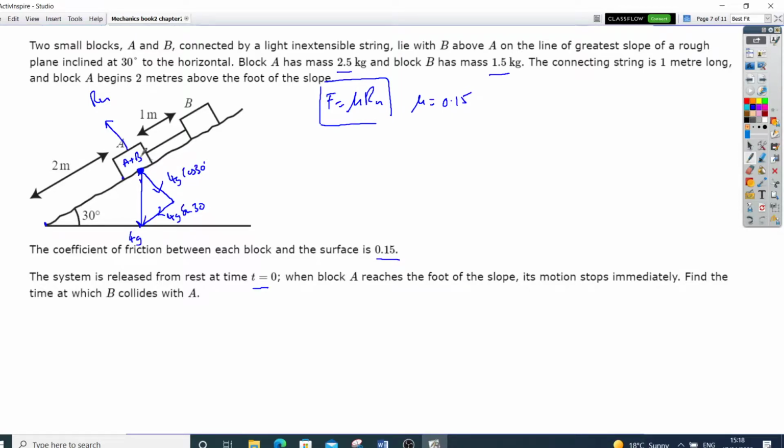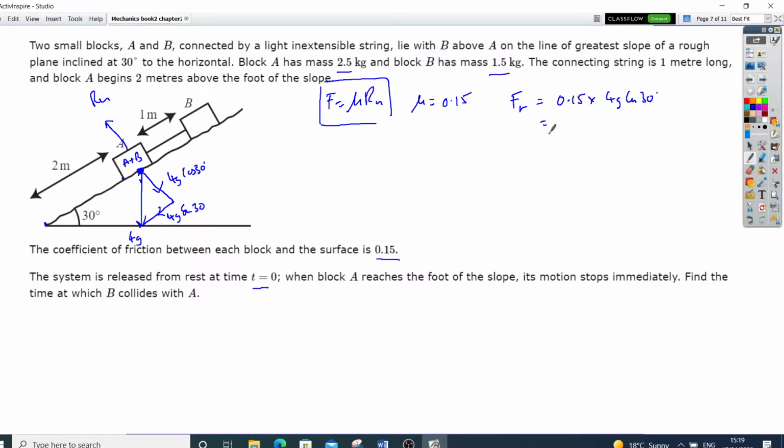Yep, if it's coming down, friction is opposing it. Let's just double check the friction. So what is the friction? Friction is equal to 0.15 times, yep, the contact force is 4g cos 30.